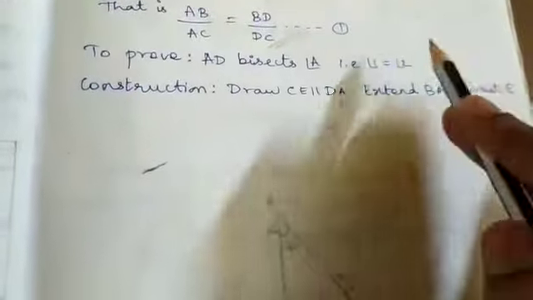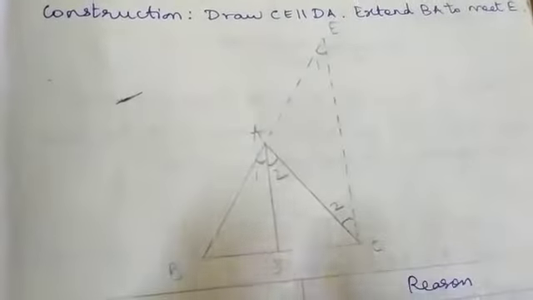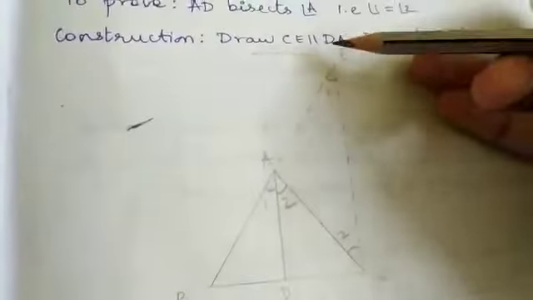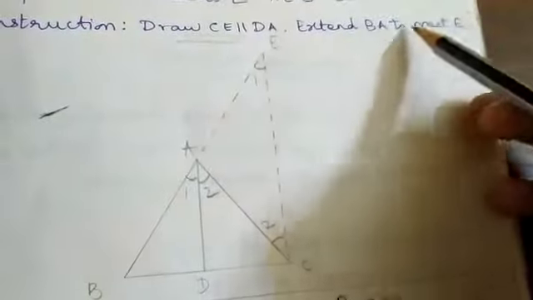Now it is given, and we should prove that AD bisects angle A, that is, these two angles are equal. So let us draw line CE parallel to DA, and extend BA to meet it. We will mark this point as E.